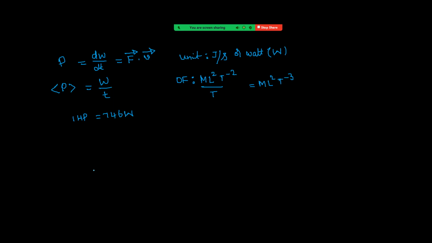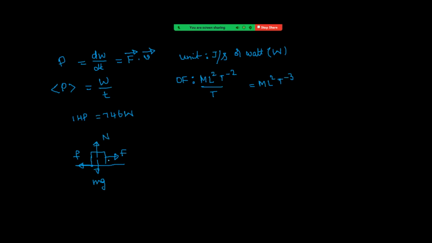For example, we are taking a block on a surface, applying some force. See how many forces are acting on the block: applied force, gravitational force, and if it is a rough surface, frictional force and normal reaction.